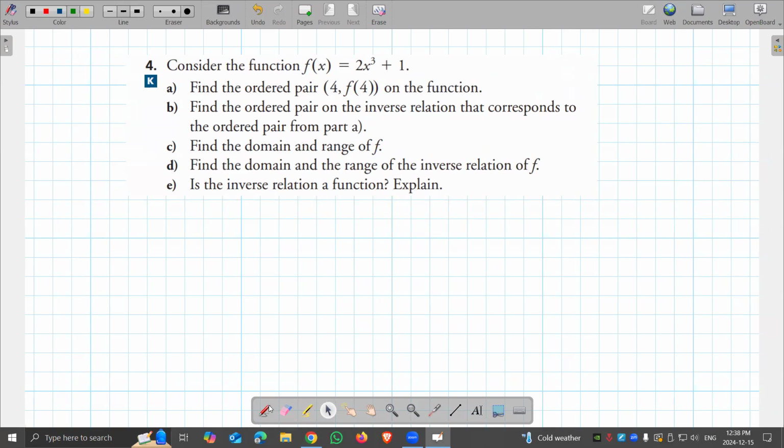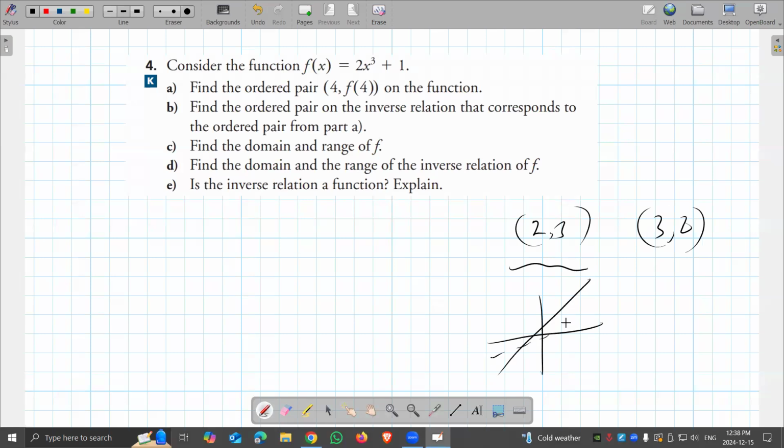So again, for an ordered pair like a point, you just simply switch the x and the y. For a graph, you reflect it on the axis. For an equation, your x becomes your y, and then your y becomes your x, and then you have to solve for your new y.